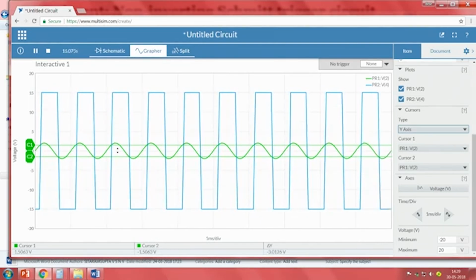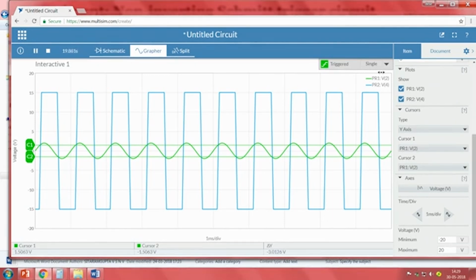Now, I will make the triggering single, so that I cannot see any fluctuation. When we observe, what we have understood is that the output voltage will go to plus 15 volts when the input value is greater than VTH. In this case, VTH is 1.5 volts.